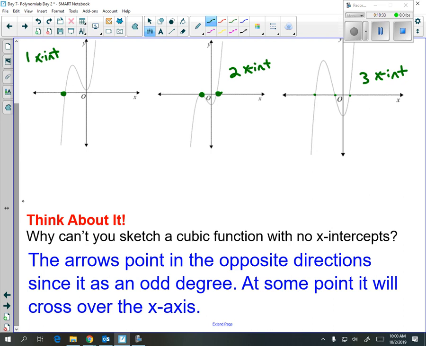Even if you try to be clever and make a cubic that is like this, and you might say, oh, this doesn't touch your x-axis, there is no x-intercept. This does go on. So even though it doesn't cross in your graph, you should know this extends and eventually crosses that x-axis.